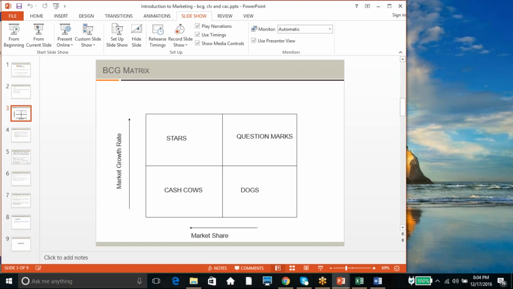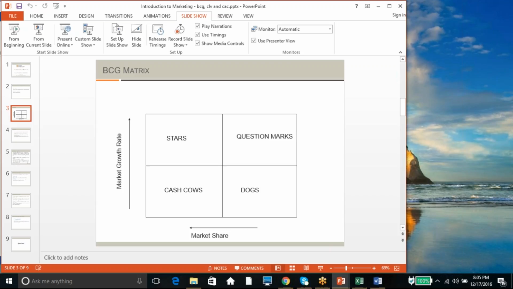The major area of operations of most products and companies is between question marks, stars, and cash cows. So any new company, any startup which starts will always have to be in a question mark category, because they will always operate in a high market growth rate segment.